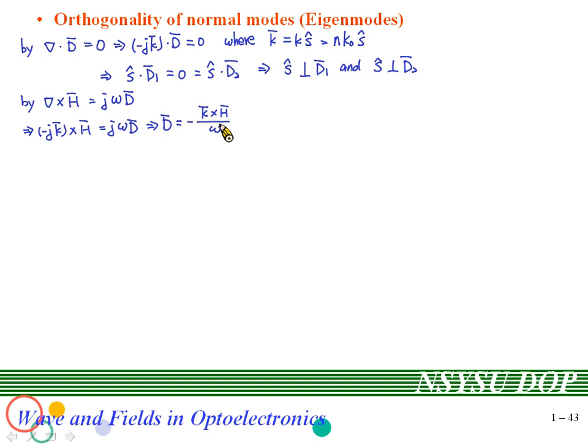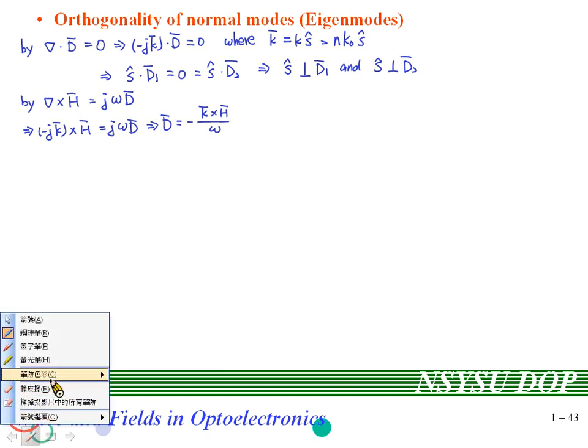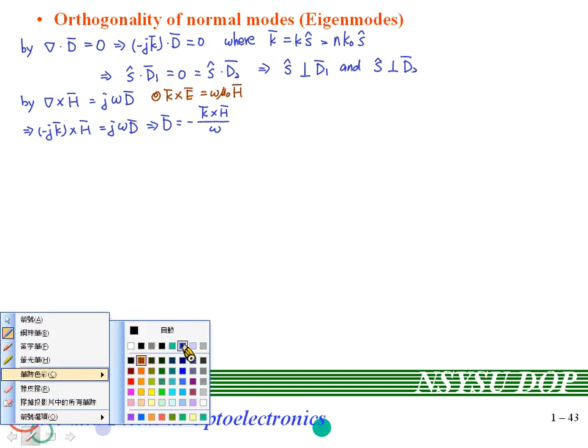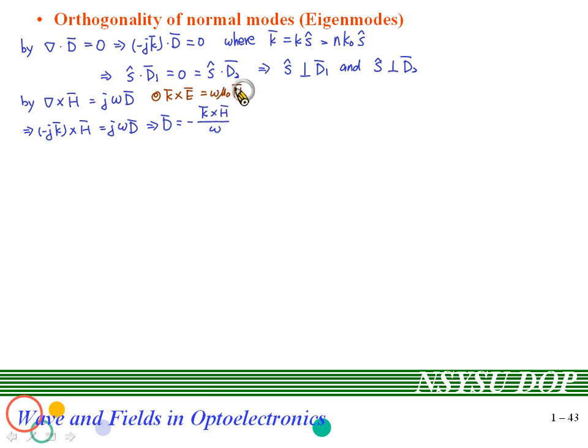Okay? Besides, from another curl equation of Maxwell equations, you will know that k cross E will be omega mu sub 0 H. By using this equation, we can replace H by k cross E over omega mu 0. So H here will be replaced by this expression, and we can rewrite the D field in this way.